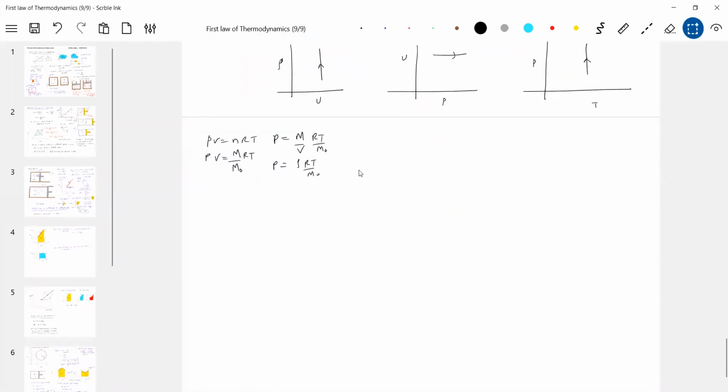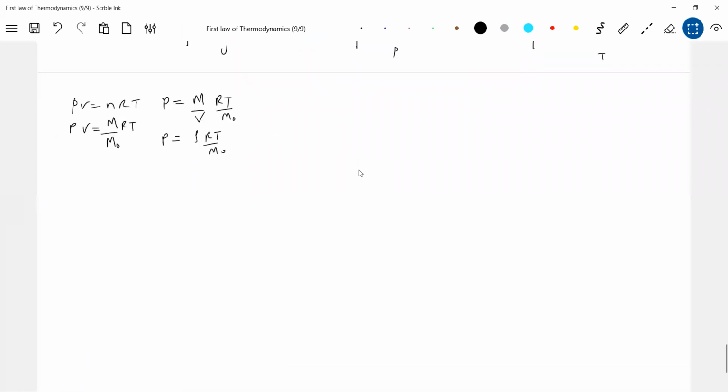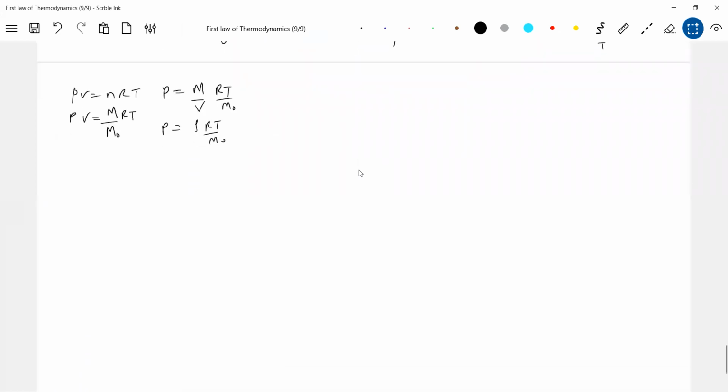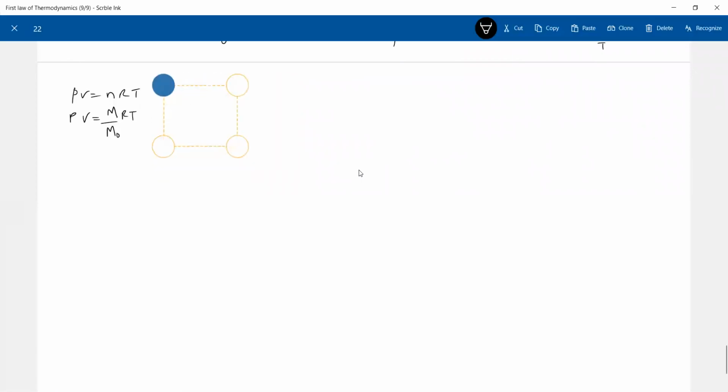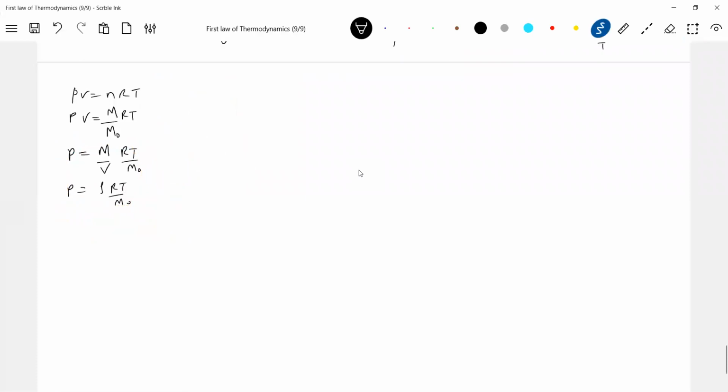Let me rewrite this equation: P equals rho RT by m naught. R, m naught, T are constant. So even P by rho will be constant for an isothermal process. If I plot pressure versus density graph, tell me how the curve should be. It should be a straight line passing through origin.